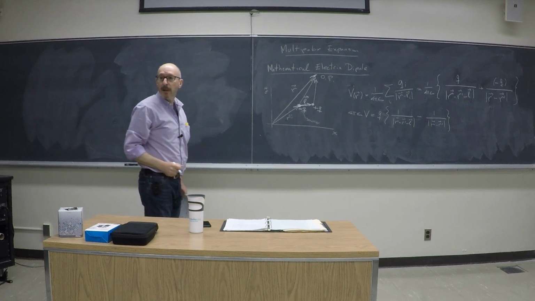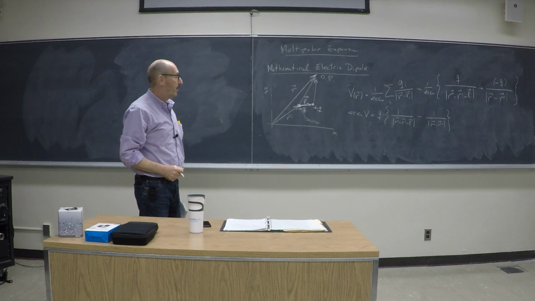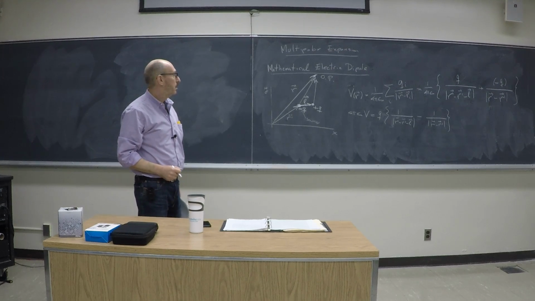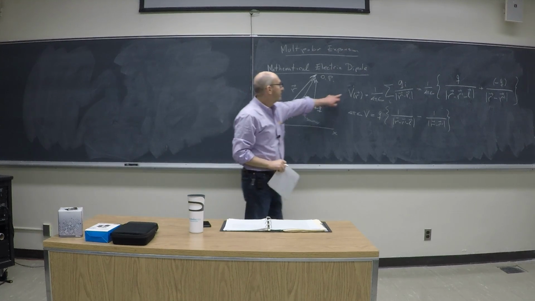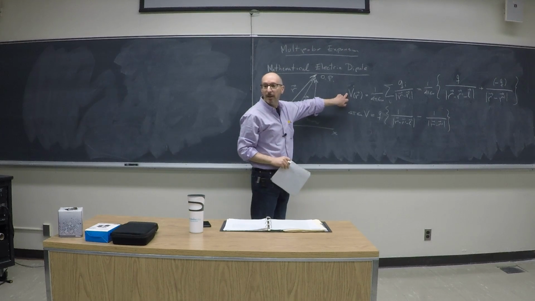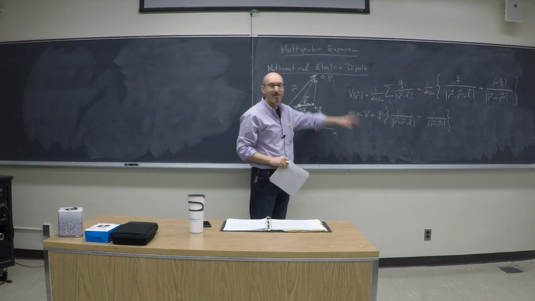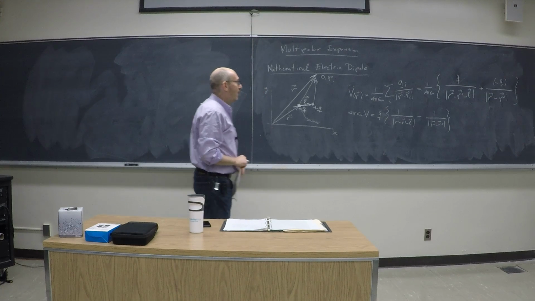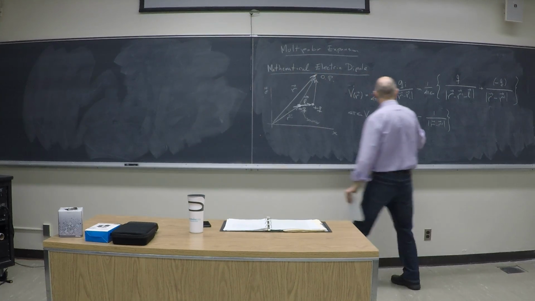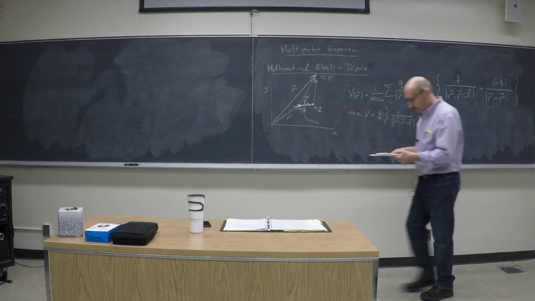How do you introduce the V to the equation? It's already here. I just moved the 4 pi epsilon 0 so we don't write too much. So I'm going to deal with this expression on the right hand side.